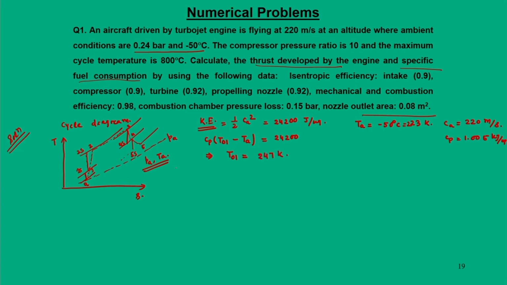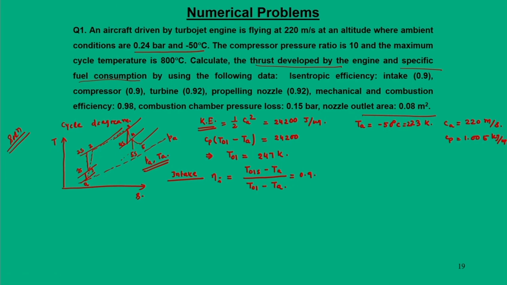Okay. So we will take the intake efficiency, which we can write as (T01S minus Ta) divided by (T01 minus Ta). So from this we know Ta, and the intake efficiency is 0.9.